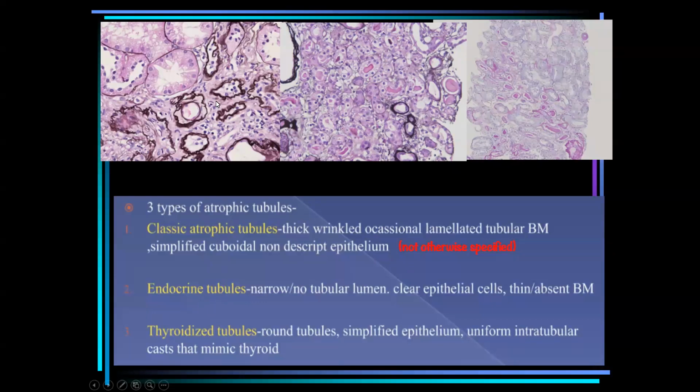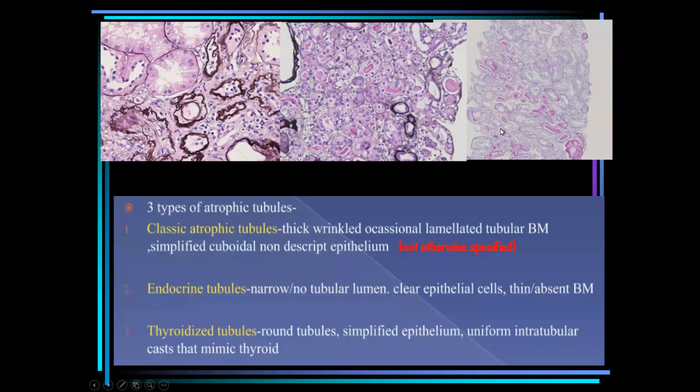This classic form is characterized by marked thickening of the renal tubular wall, its wrinkled appearance, and lamellation, as you see here. So, in cases of marked thickening and lamellation of the renal tubular basement membrane, it is a form of tubular atrophy. If it is very thin or even absent, again, it is another form of renal tubular atrophy.